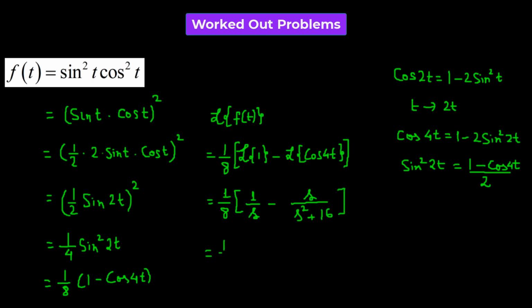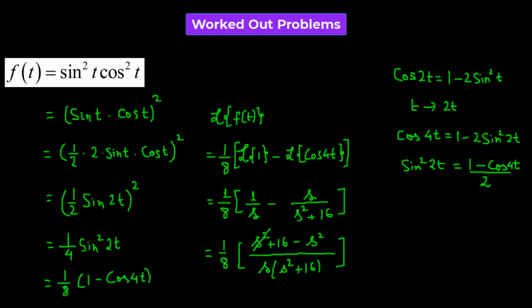We combine the two terms, so we have 1 over 8 multiplied by s times s squared plus 16, and in the numerator we have s squared plus 16 minus s times s, so that is s squared.